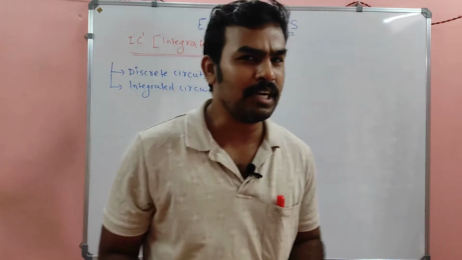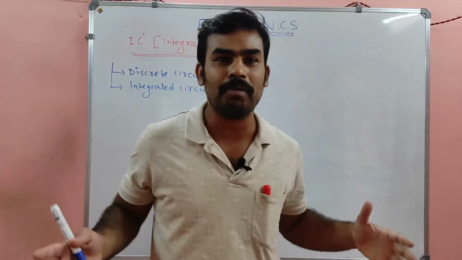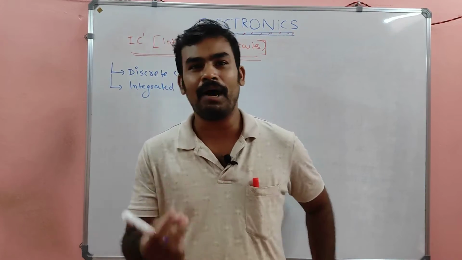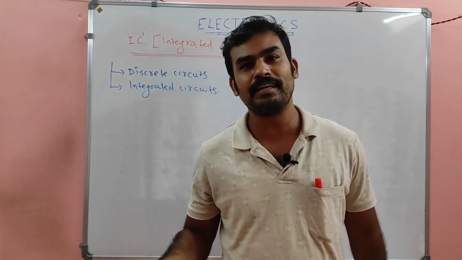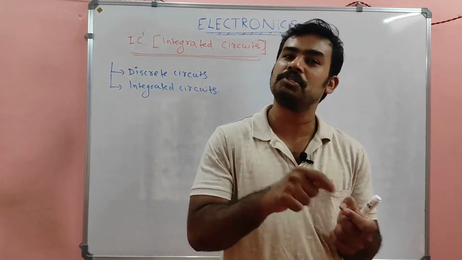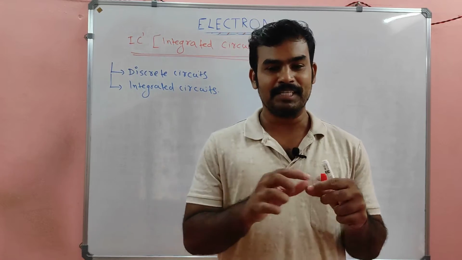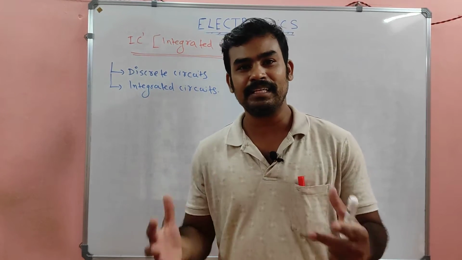So what are the disadvantages of this discrete circuit? The discrete circuit is actually bulky in nature. Even if we have to create a simple low pass filter, we need a breadboard, we need a PCB on which we have to solder everything, and the component size is very big. The resistor, capacitor, everything is big.